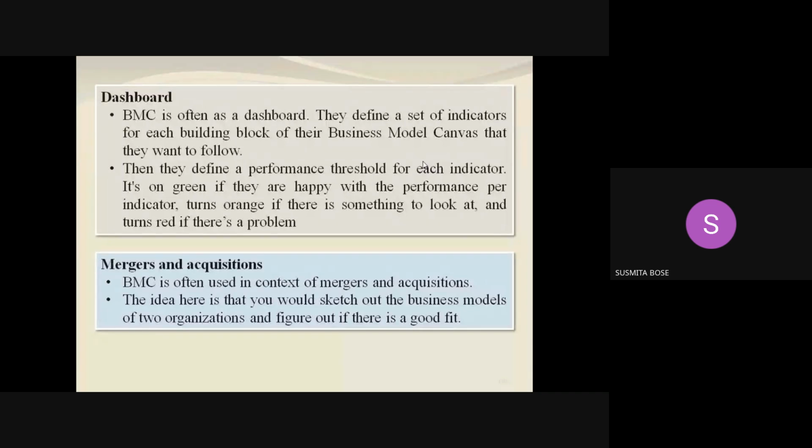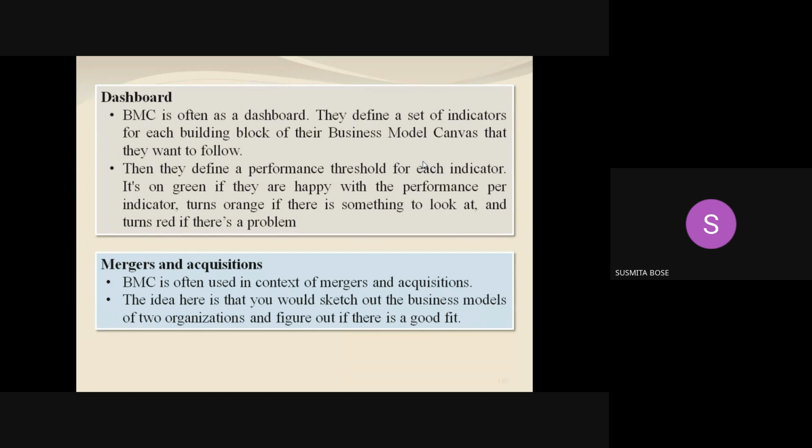They define a set of indicators for each building block of their business, like indicators or to-dos that they have to achieve and want to follow. Then they define a performance threshold for each indicator. First they write the indicators for each block, and then they define the performance threshold, or what to do to achieve that indicator.